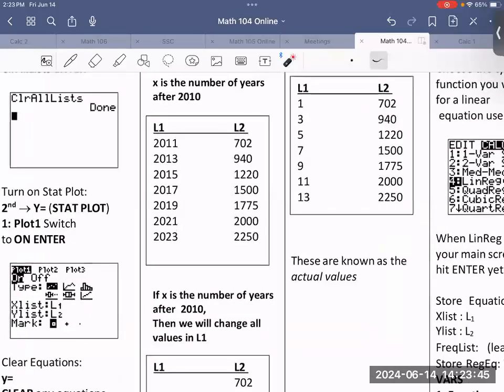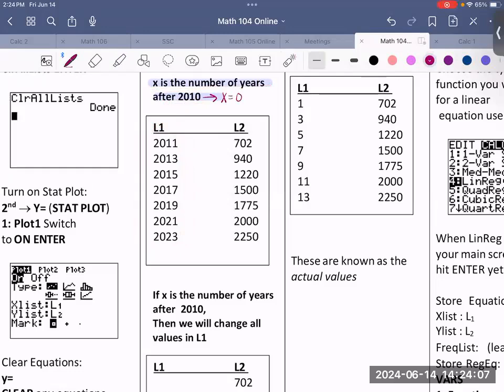So here we have your list. Because we said that X is the number of years after 2010, if the data is giving us years, then when we talk about the year 2010, X is really 0.